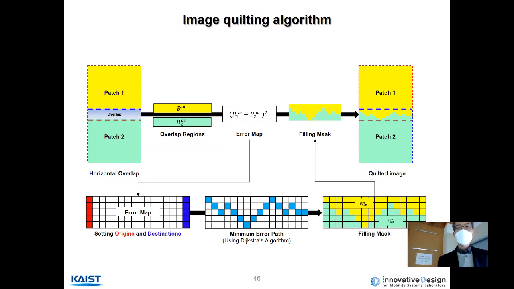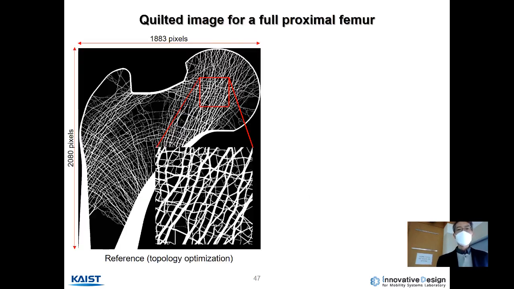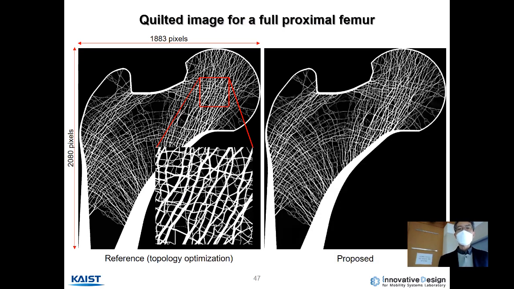Then using that, we can fit 2 different patches. So by using these fitting algorithms, this is the reference obtained from topology optimization. Then after obtaining all the patches, by using the fitting algorithm, we constructed this one.